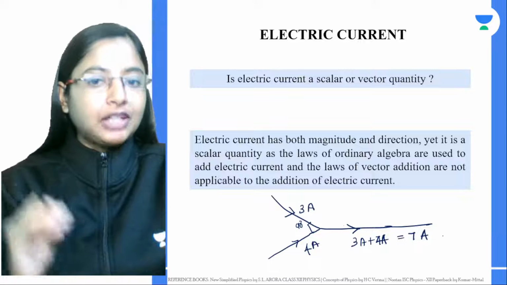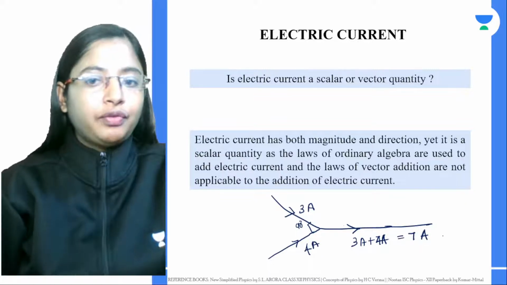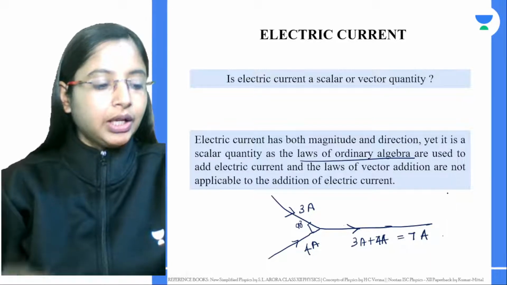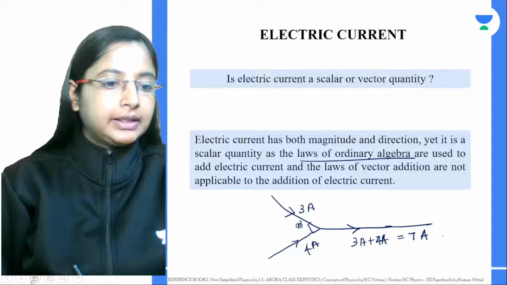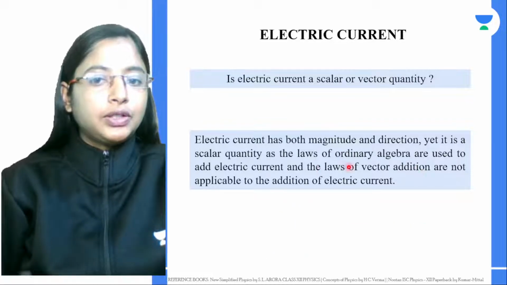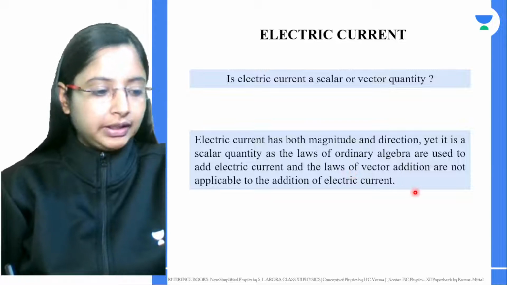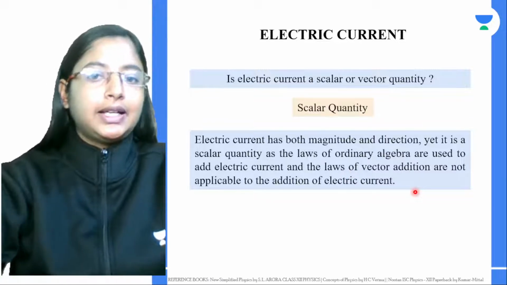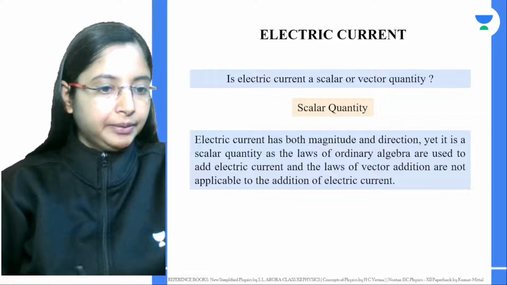Though it has both magnitude and direction, it is not following the vector laws of addition, but you can add them using ordinary algebra. So though electric current has both magnitude and direction, because it does not follow the laws of vector addition, it is not a vector quantity, it is just a scalar quantity. Clear?